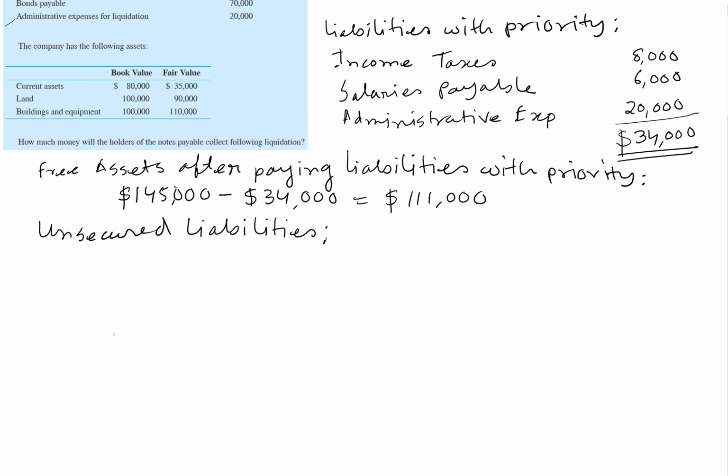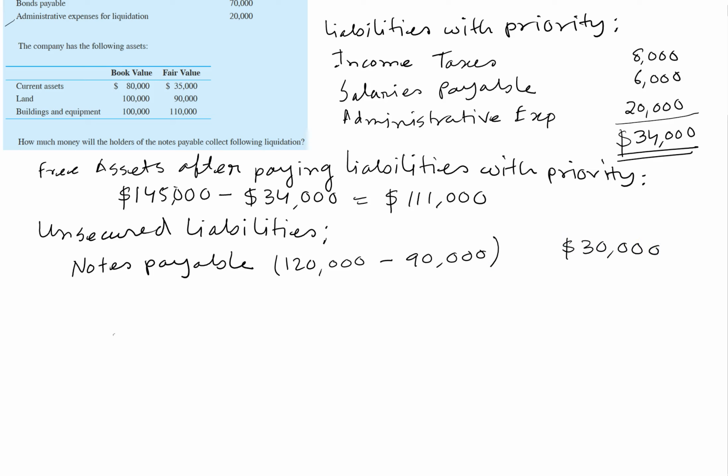We have notes payable, the portion which is not backed up by land. The total amount is 120,000, and 90,000 is secured by land, so the rest is unsecured. 120,000 minus 90,000 means $30,000.